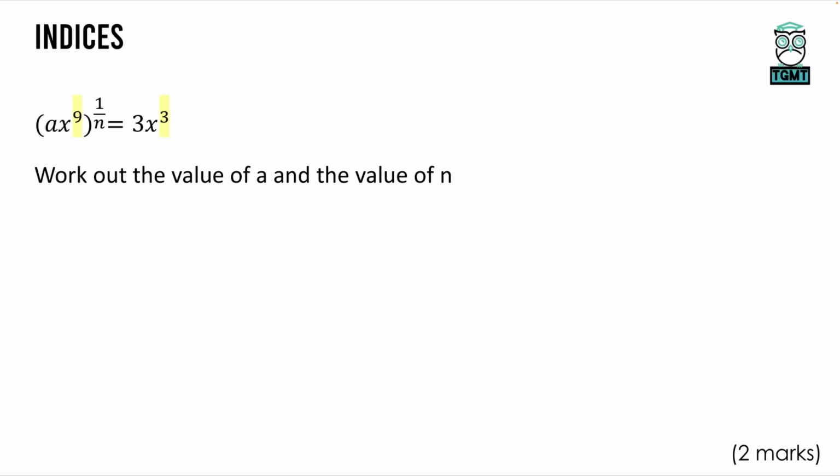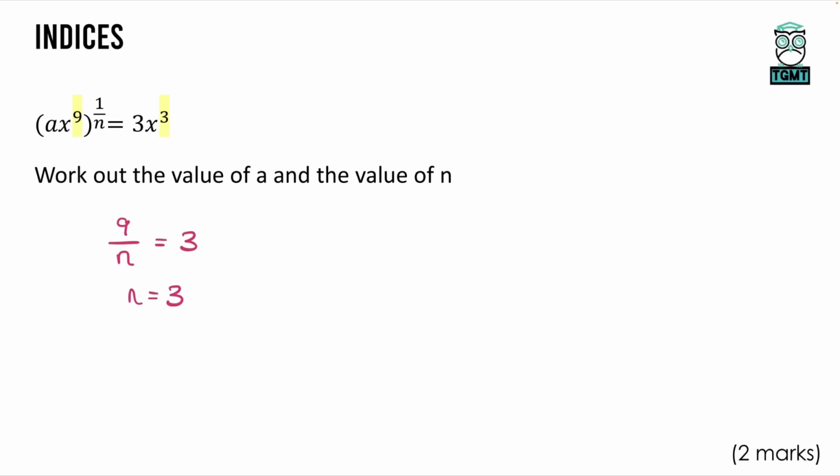So this power, 9 to the power 1 over n, would be multiplied. And that would give us 9 over n. And that's going to equal 3. So in this case, n must be equal to 3, as that's what you divide 9 by to get to 3. So we've got our first one, so we know that that is now to the power of 1 over 3.